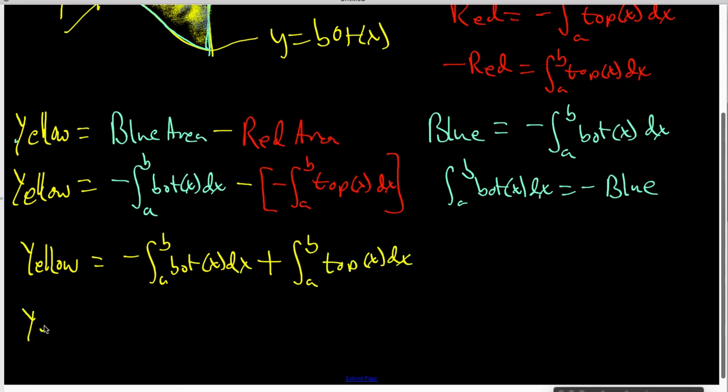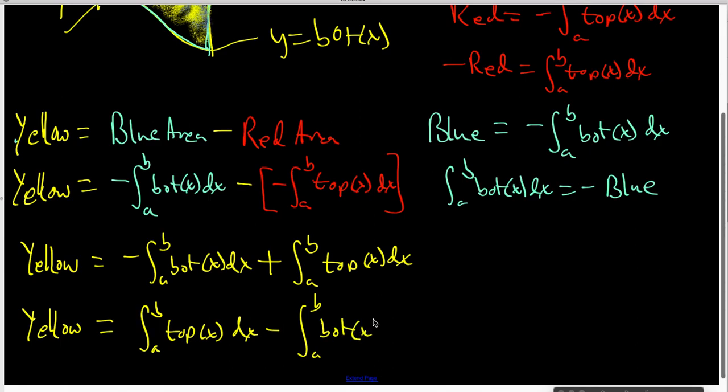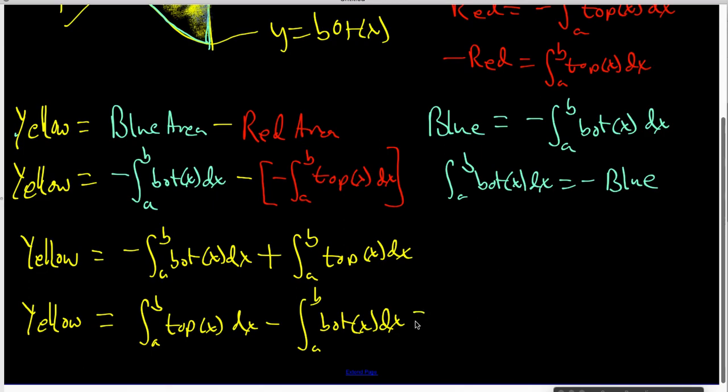Well, I can rewrite that as the yellow area is the integral from a to b of top minus the integral of the bottom function. And lo and behold, what we have is exactly the same formula that we had in the other two cases. We're always going to want to look at the top function and subtract off the bottom function.